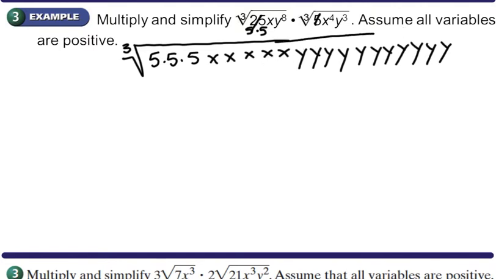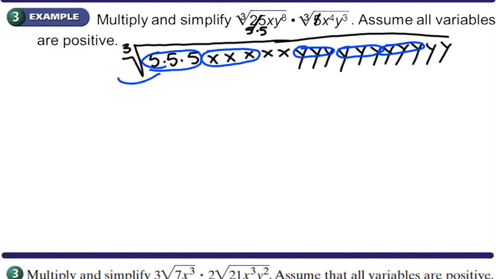All right, seems a bit excessive, but it does get the job done. Okay, now because we are finding the cubic root, we are looking for groups of 3. So we've got 3 5's, we have 3 x's, we have 3 y's, 3 y's, another group of 3 y's, and then that's all we have that we can group up.